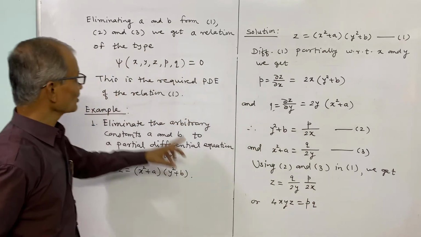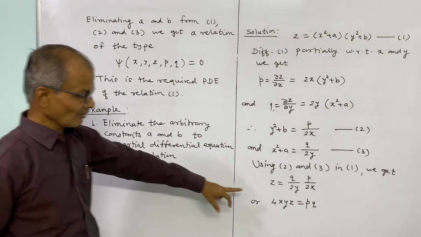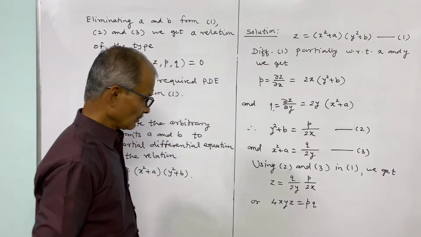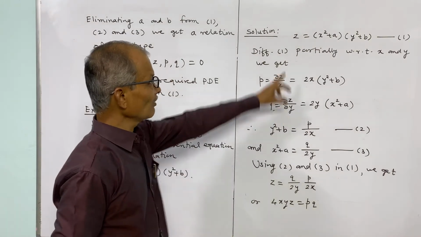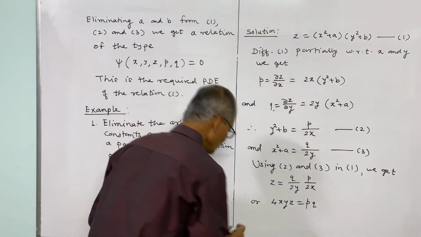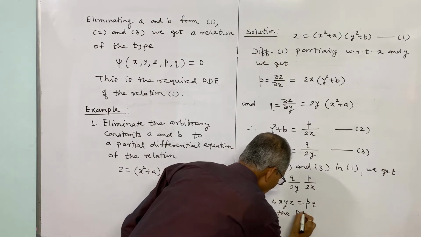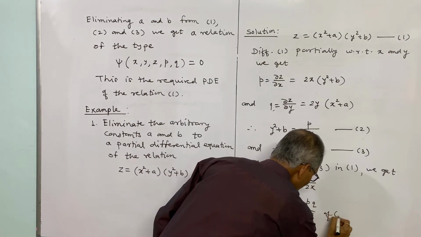And this is the relation of this type, x, y, z, p, q. It involves x, y, z and p and q. And therefore this is the PDE of relation 1.